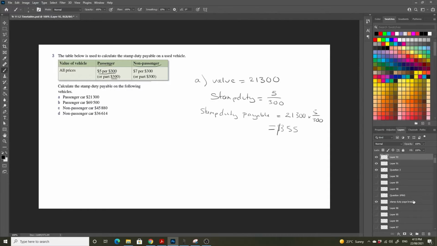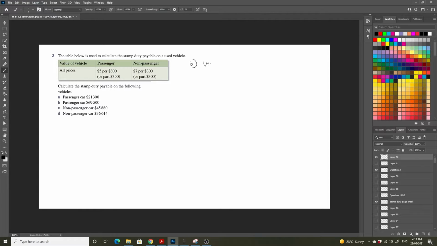Alright, let's do the next one. In this next one, we have a passenger car worth $69,500. So the value is $69,500. Now let's quickly divide 69,500 by 300.